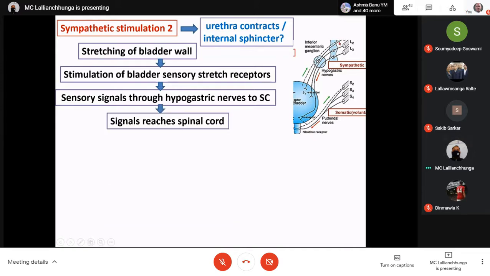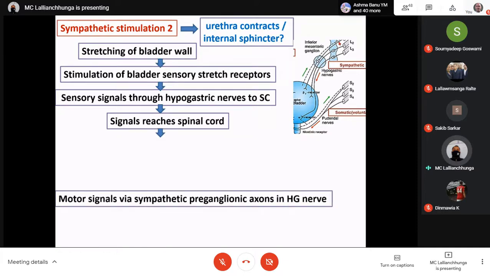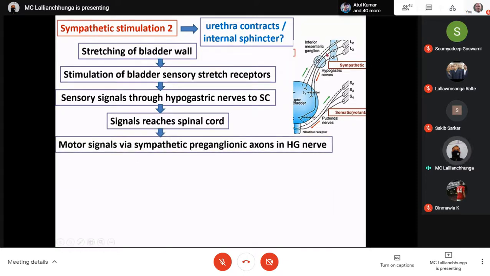When the signal reaches the spinal cord, it will be processed in the spinal cord, and the spinal cord will send back, in this example, this neuron.